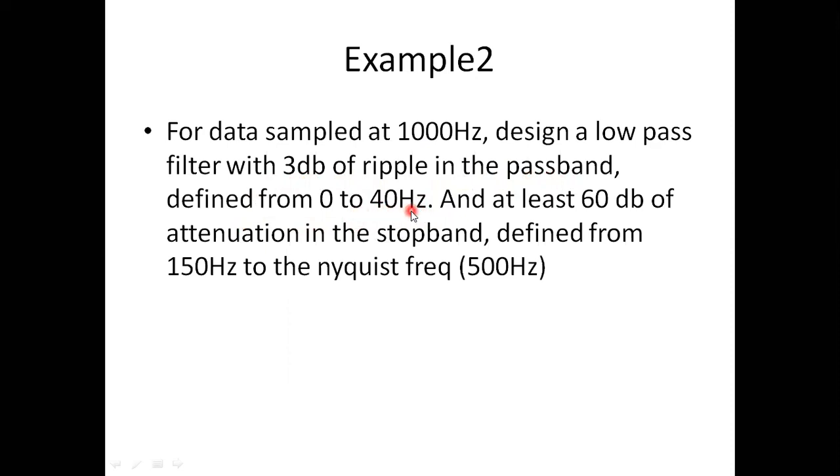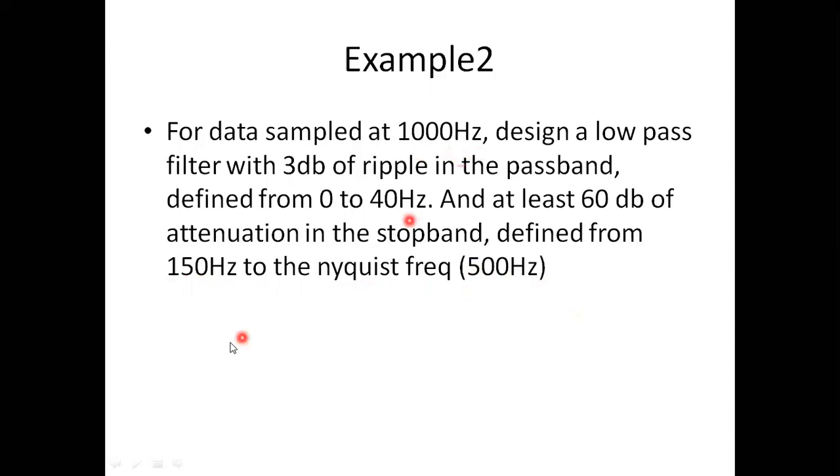So this will be your FP, and at least 60 dB of attenuation in the stopband. This is given as gain KS, the stopband gain or stopband attenuation, and that stopband is defined from 150 hertz to the Nyquist frequency. This is your F stop, clear, and this is your Nyquist frequency.